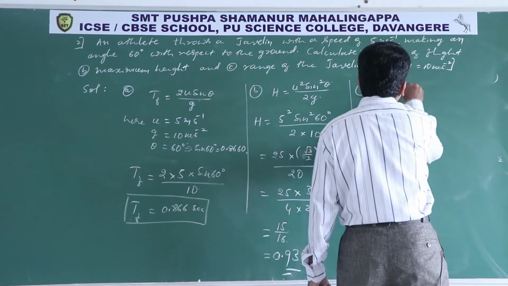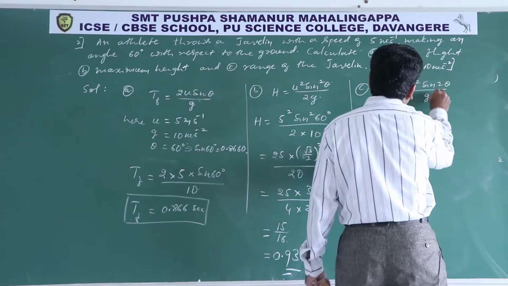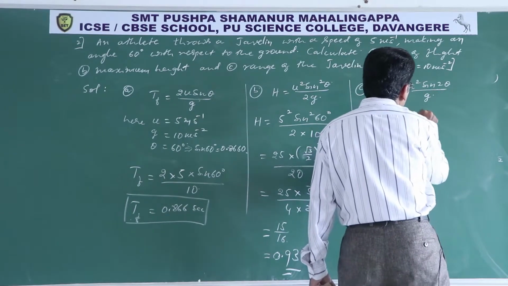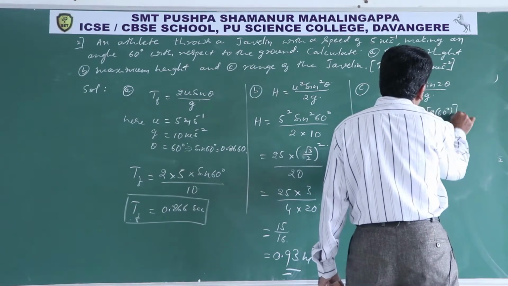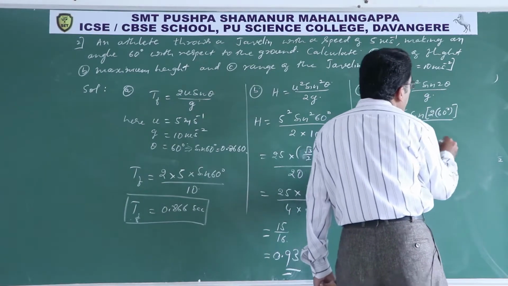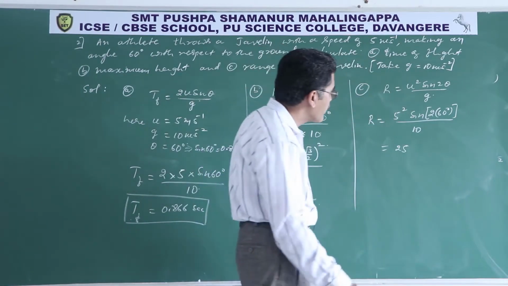R is equal to u square sine 2 theta divided by g. R is equal to u square is 5 square, sine 2 into 60, divided by 10. This is sine 120.